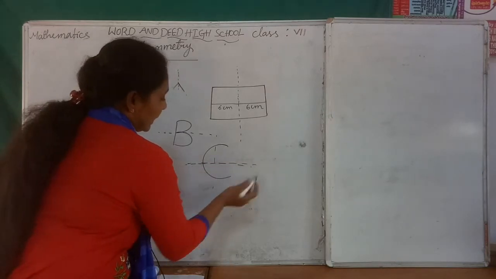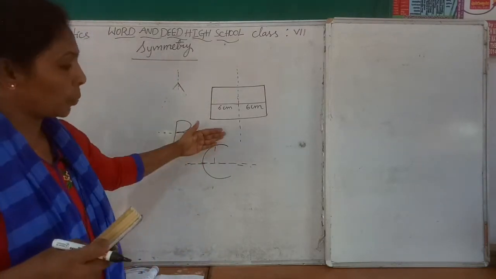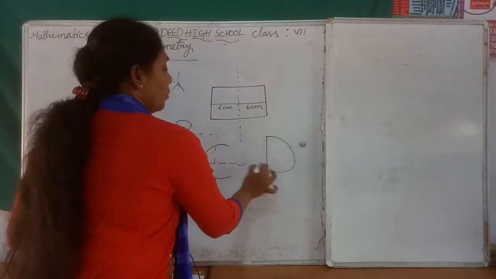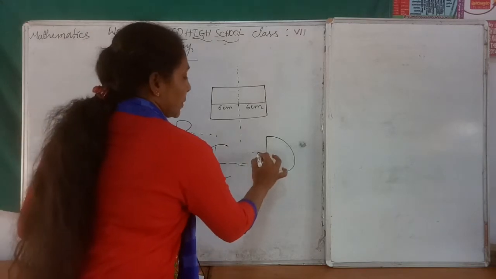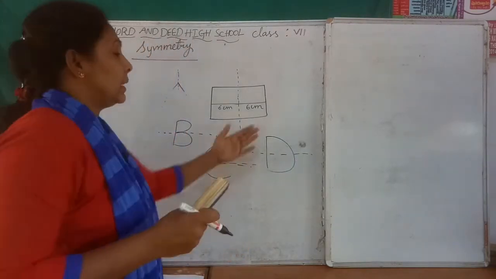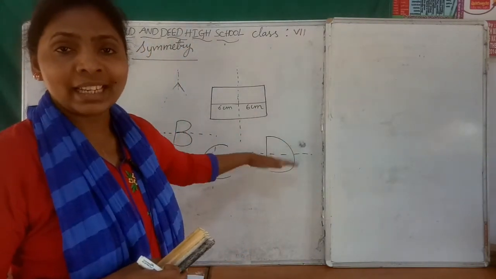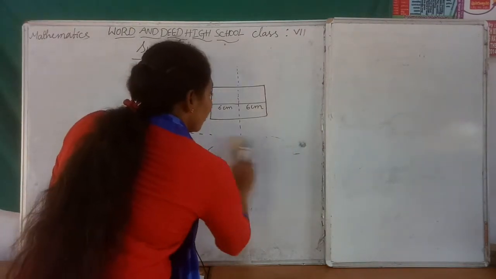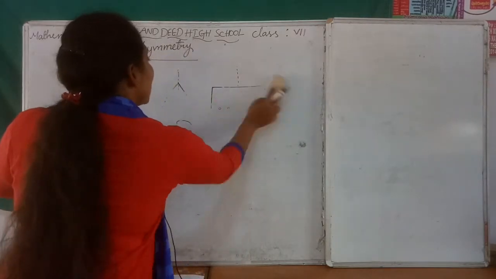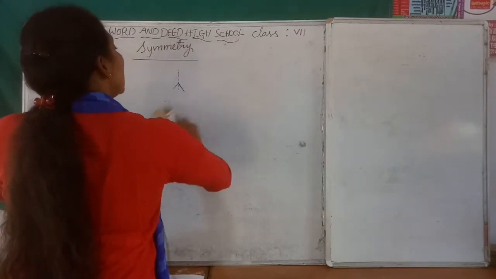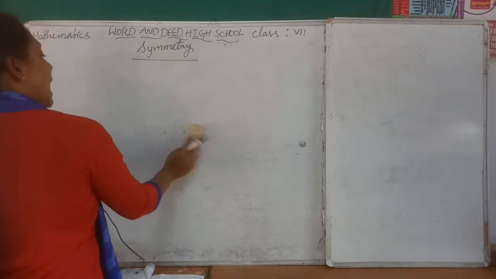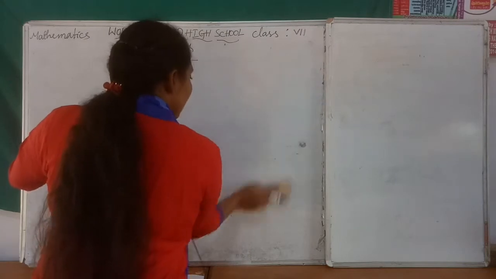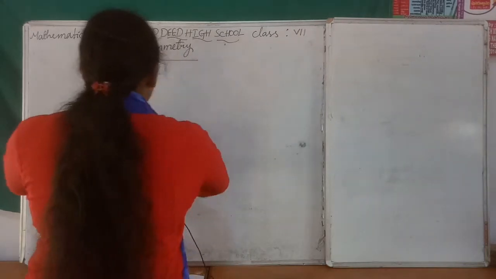So like this we are dividing, which means the 2 parts should be the same. So any alphabet you can observe, children. Suppose like this. Okay. So the 2 parts coincide with each other. Okay. So like this, any figure we can divide, children. We can observe the symmetry. So in nature, every object has its own symmetry, whether horizontally or vertically or diagonally.